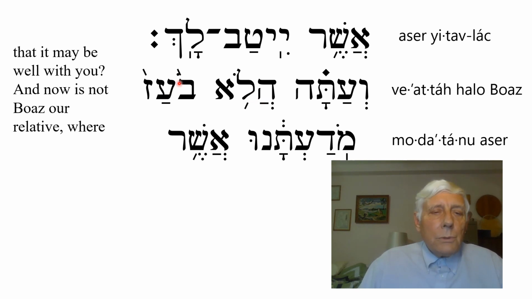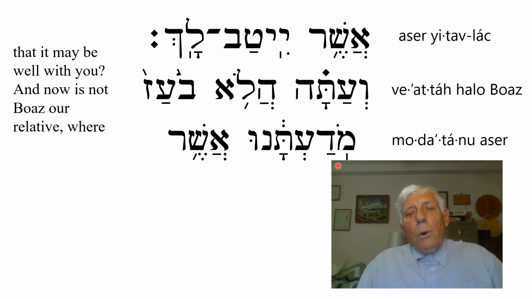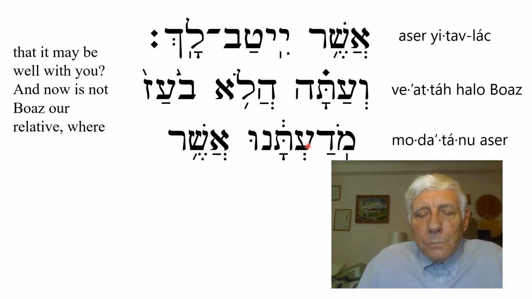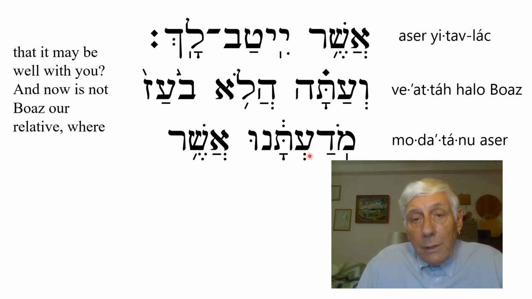Is not Boaz, Mr. in strength? Moda tanu. Now, at the start of chapter 2, we will see this. We see moda. Okay, that's mem dalet ayin. Yeah, moda. Okay, we're going to start. When you have to sort things out, start with the base root. The base root right here is yada, and that's yod dalet ayin. Yod has suffered apheresis here to the front.